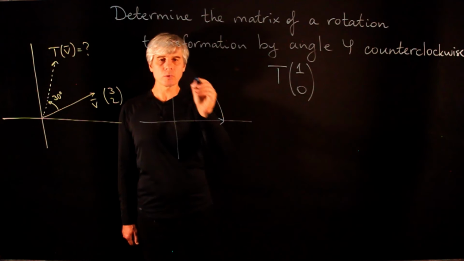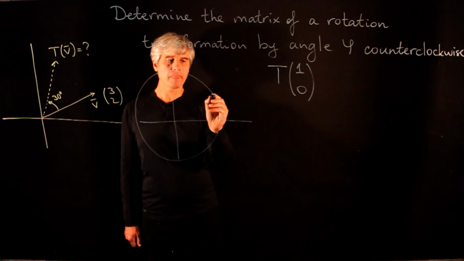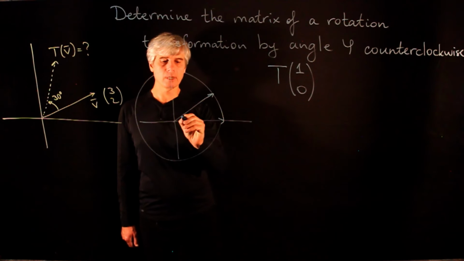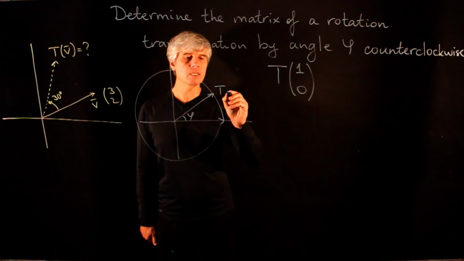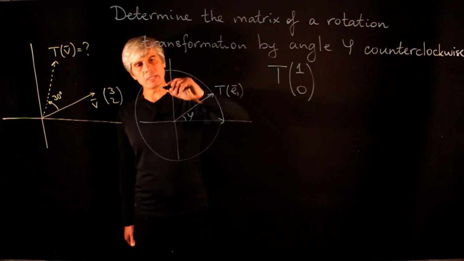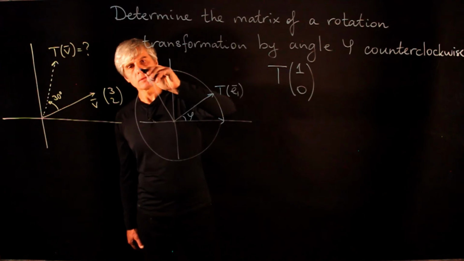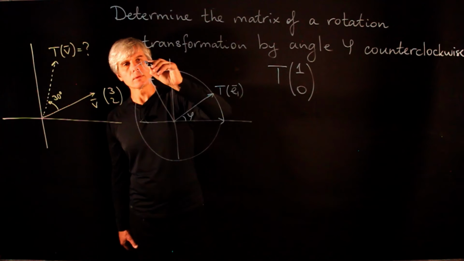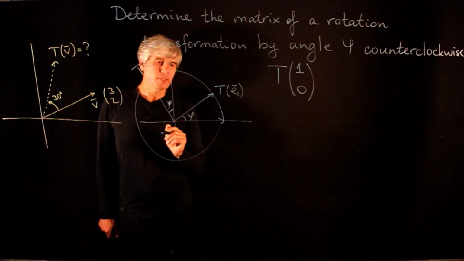So, well, it's useful to draw a circle here. And so if this is our angle phi, then here we have T(e1), right? And T(e2) will be here, where this is also angle phi.